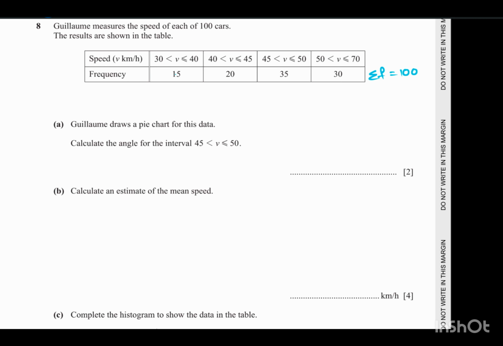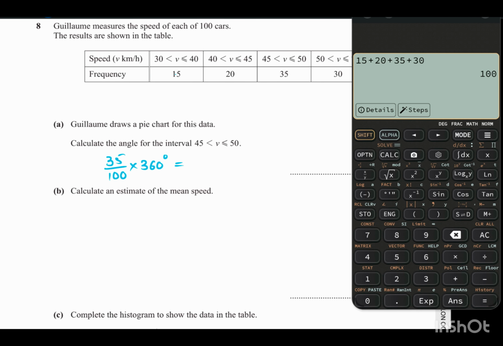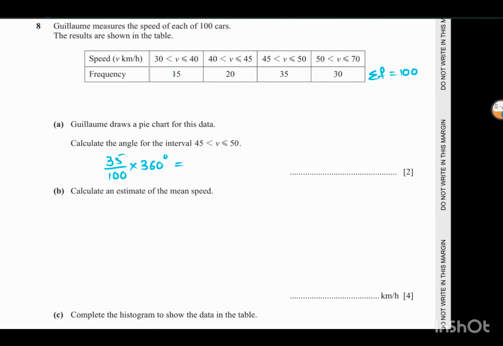Now to find the angle for the given class interval, we have to divide 35 by 100 and multiply that with 360 degrees. So do that. 35 divided by 100 and multiply with 360, you get 126. So it is 126 degrees. So this is the answer for question A.